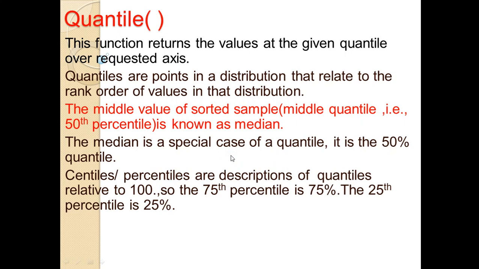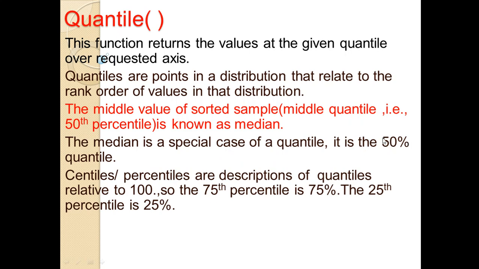So there are three names for the median. One is the 50th percentile, another one is the 50% quantile, and one more we will see is the 0.50 quantile. In a set of numbers, the numbers will not be just 1 or 2, it can be more. Based upon that set of numbers, we will find out the quantile, that is the median, or 75th percentile or 25th percentile.